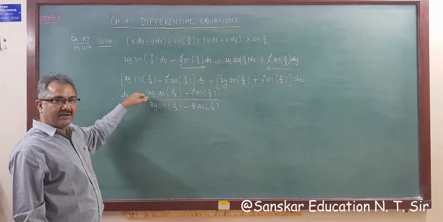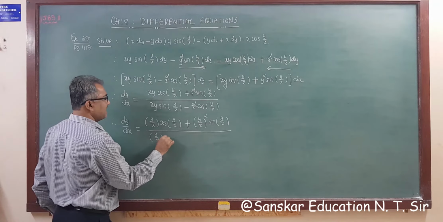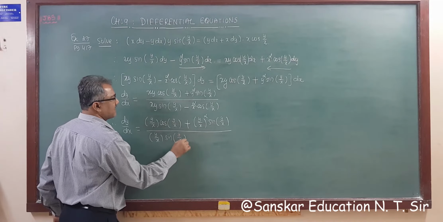We get dy by dx is y by x cos y by x, because we are dividing by x square so one x will be cut, plus y upon x whole square sin y by x, whole upon y by x sin y by x minus 1 times cos y by x.